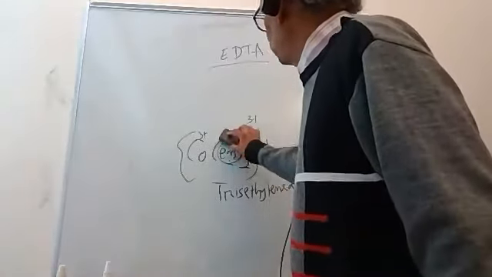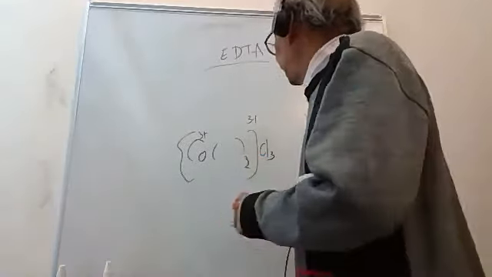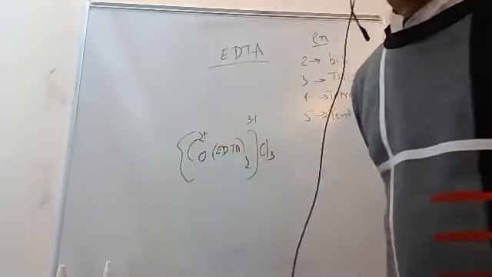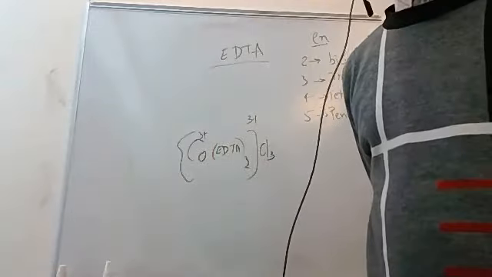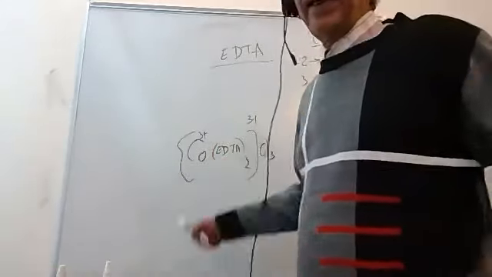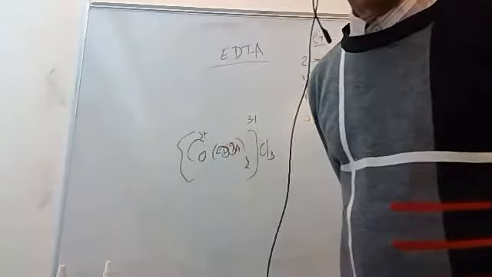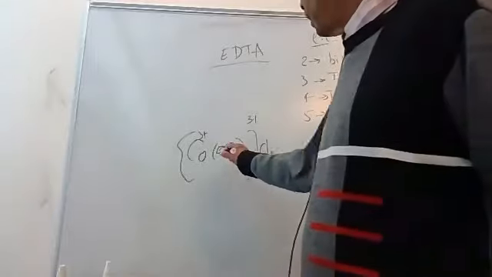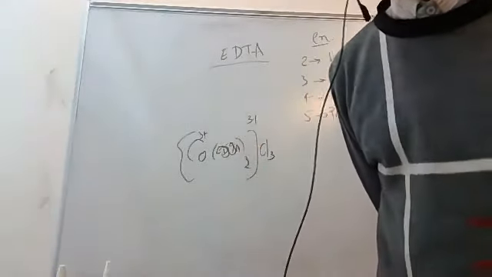So when you have EDTA, you can't use tri-EDTA, no. Because in ethylene diamine tetraacetic acid, the words di and tetra refer to a numbering scheme. So when you have an EDTA complex, you have to use the prefix tris.